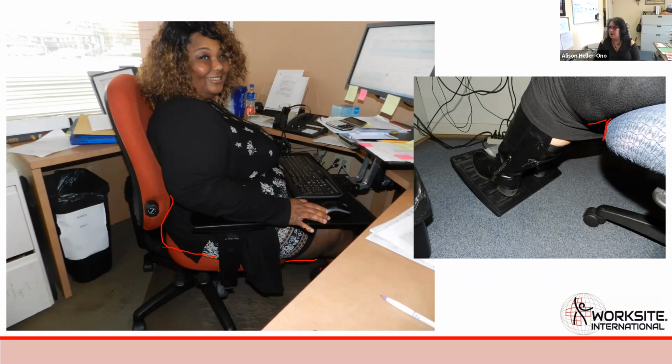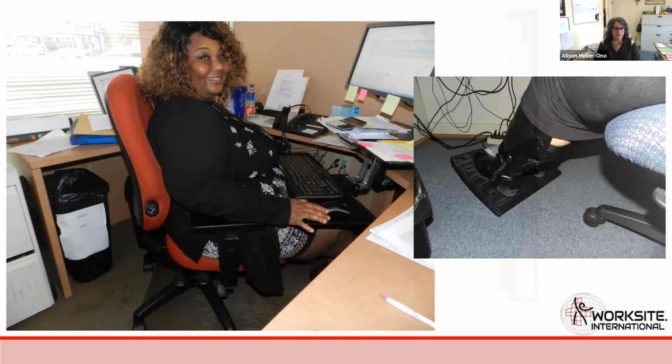This footrest can help to stabilize the individual by providing what I refer to as a ground reaction force, or forces that push them back into the chair to sustain a good fit. So by raising this backrest up and then adjusting this again here, this person was very happy. You can see this nice smile on her face after we adjusted her chair.